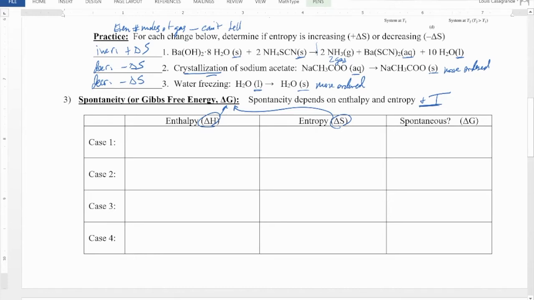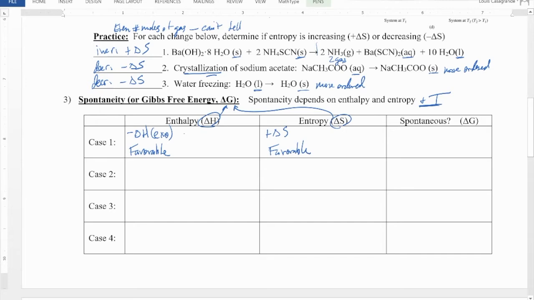So in case 1, we're going to have a negative delta H, and we're going to have a positive delta S. These are both favorable. So that's exothermic reaction. So favorable and favorable. And so what's going on?